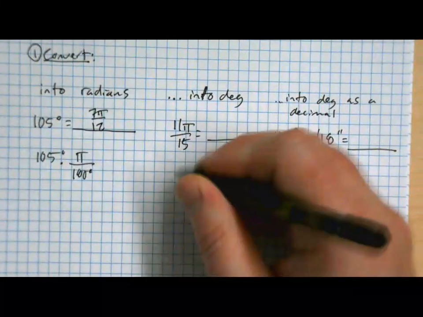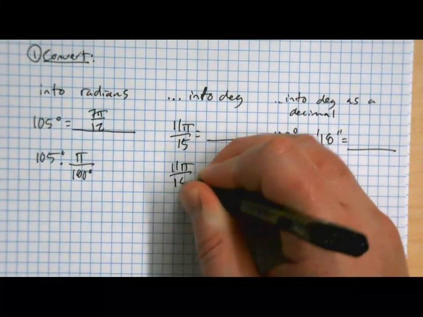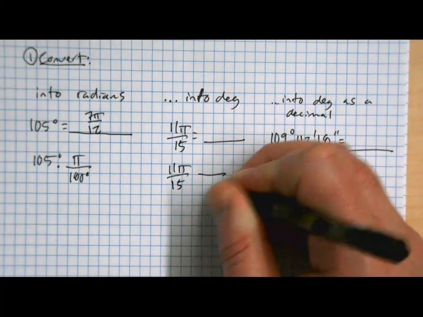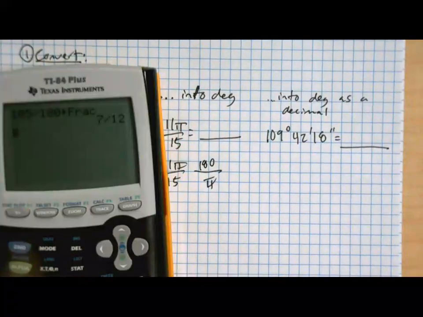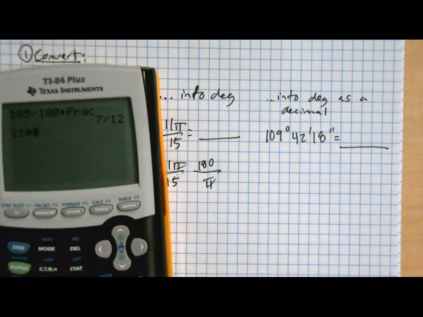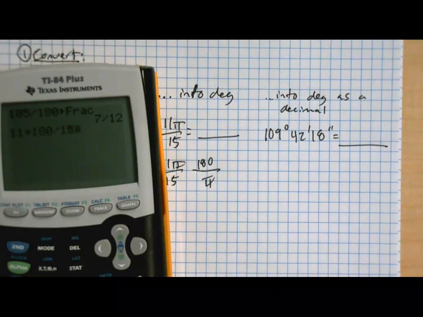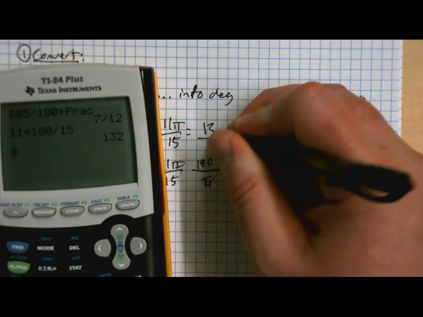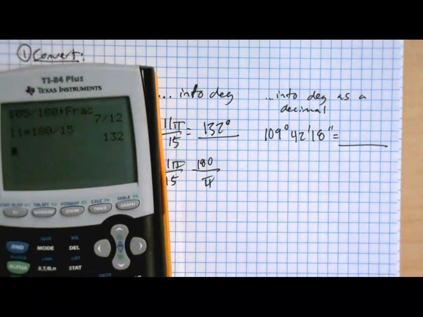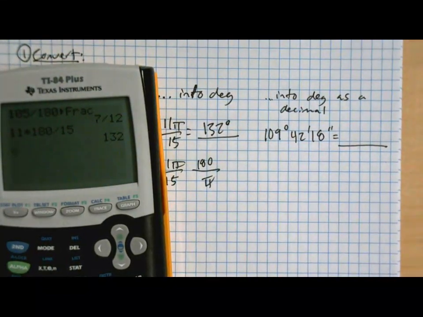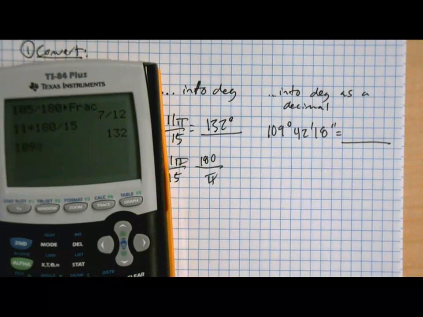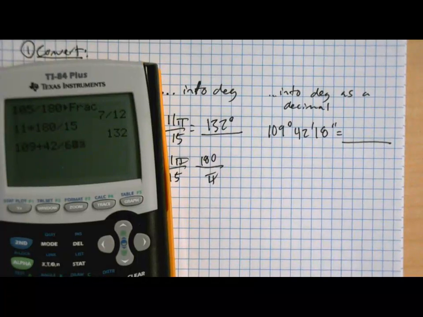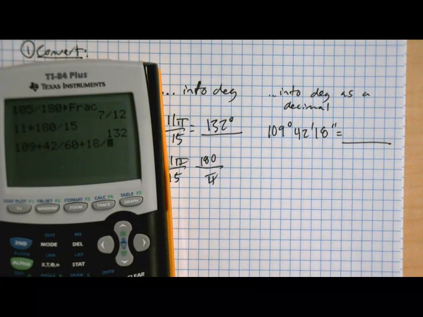Woohoo! This one, 11 pi over 15, that's radians. So I want radians on the bottom, degrees on the top. Pi's cancel, so whatever 11 times 180 divided by 15 is, 132 degrees. And then the last one, you're just going to do 109 plus 42 over 60 plus 18 over 3600.